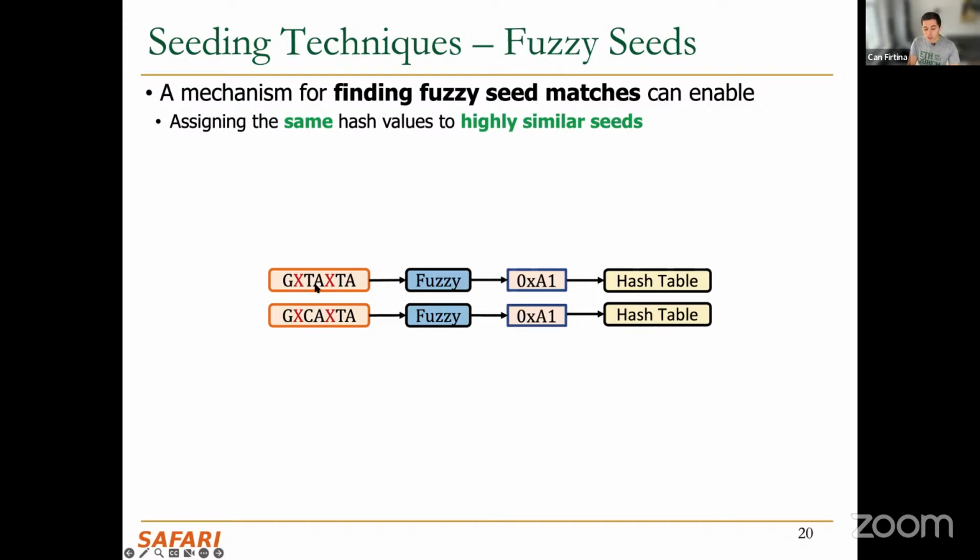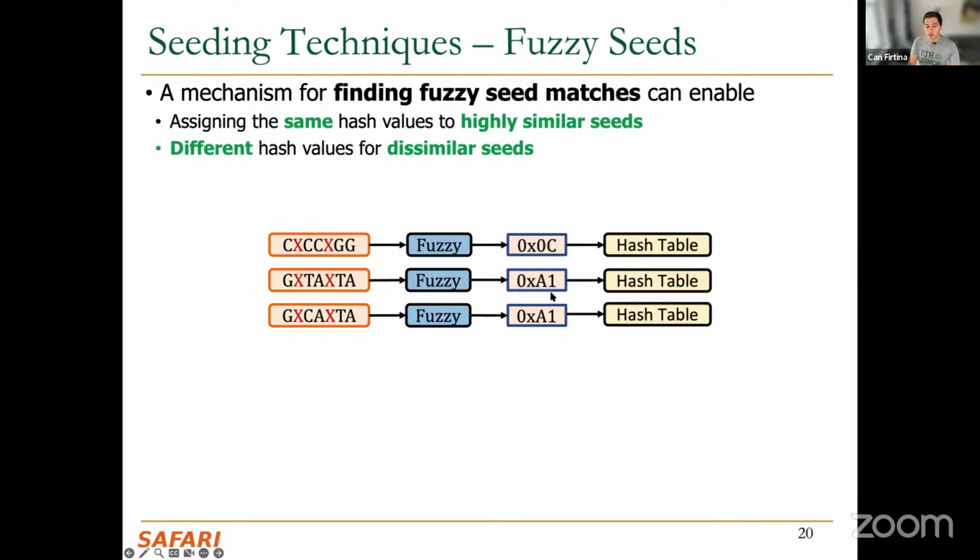So whatever sequence we generate after applying the seeding mechanism, if that resulting sequence is still highly similar to another, regardless of whether it is exactly matching or not, a fuzzy seeding technique should enable generating the same hash value, so that we can find matches of these highly similar seeds with a single hash value lookup, by looking at the hash table.